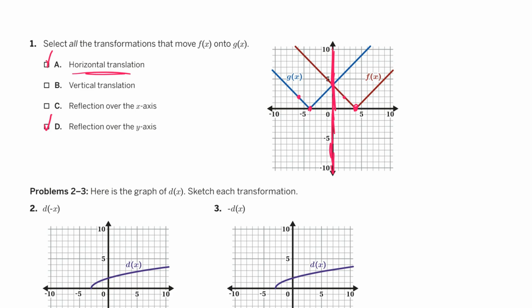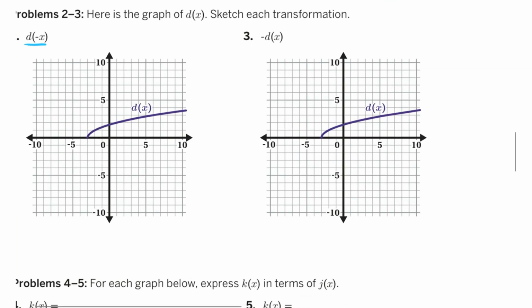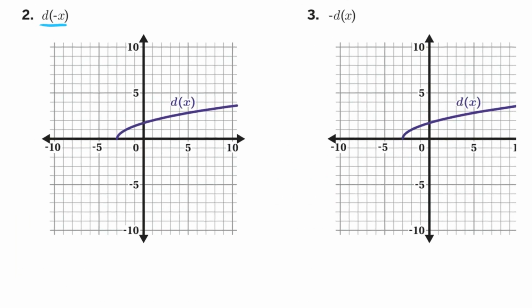For problems 2 and 3, we're looking at a graph d of x, and we're going to sketch the transformations and what happened to them. So when we do d of -x, we are multiplying all the inputs by -1. We're multiplying the x values by -1, so that is switching the signs of all of the x values.